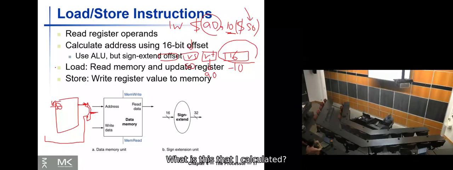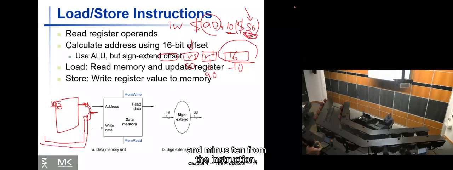What is this that I calculated? I brought S0 from the register file, and minus 10 from the instruction, and I am adding them together. What do I find?